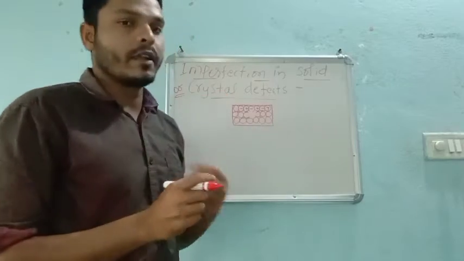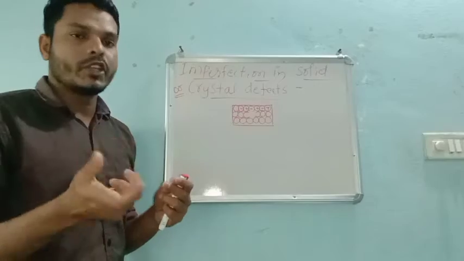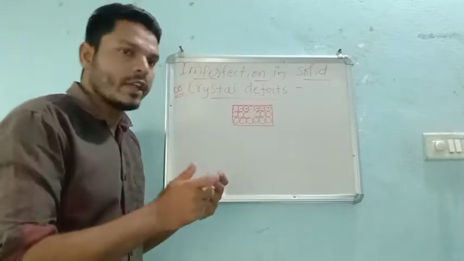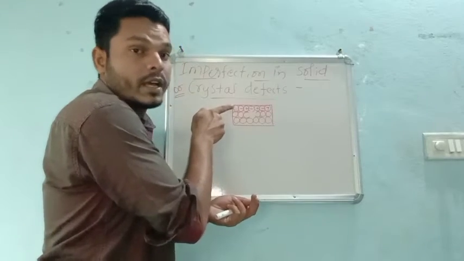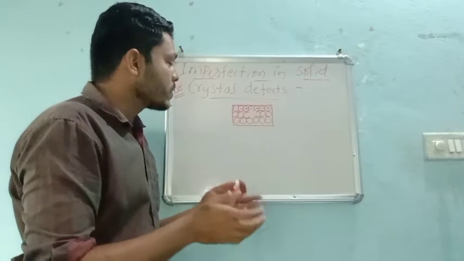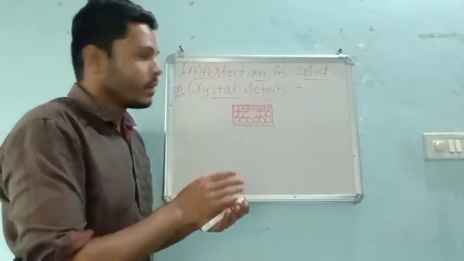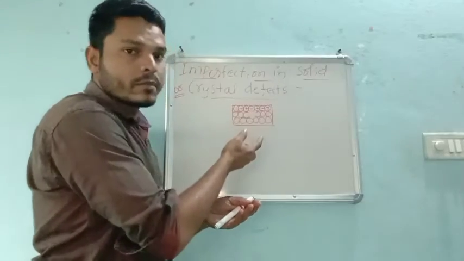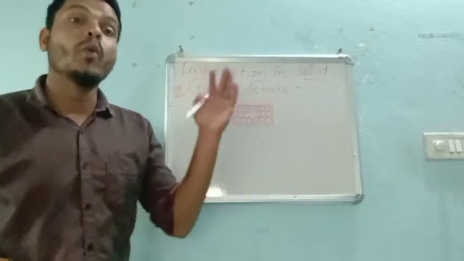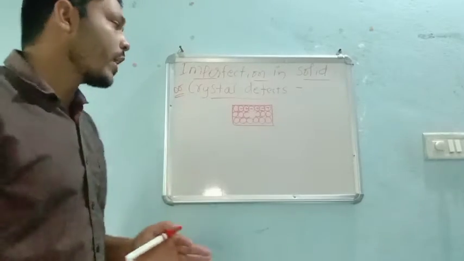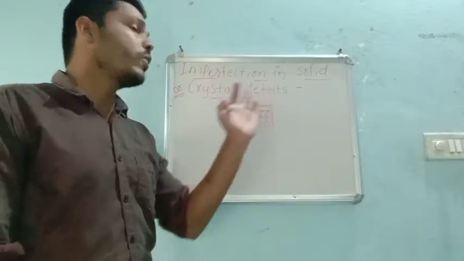That is a deviation from the regular geometry. The small ions may deviate or depart from their original site, or sometimes the complete row will be disturbed, right?